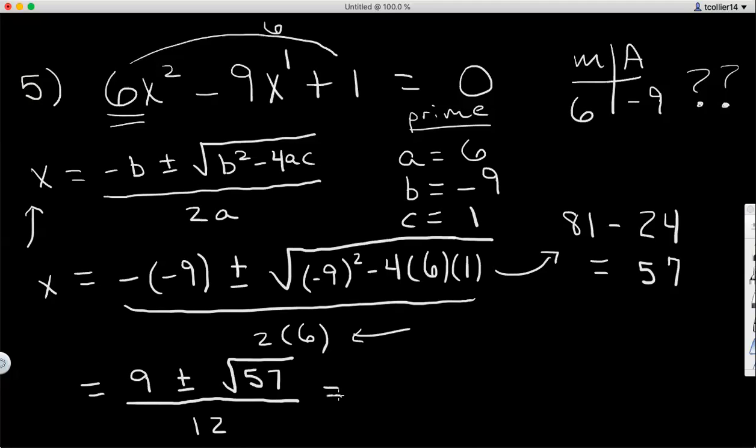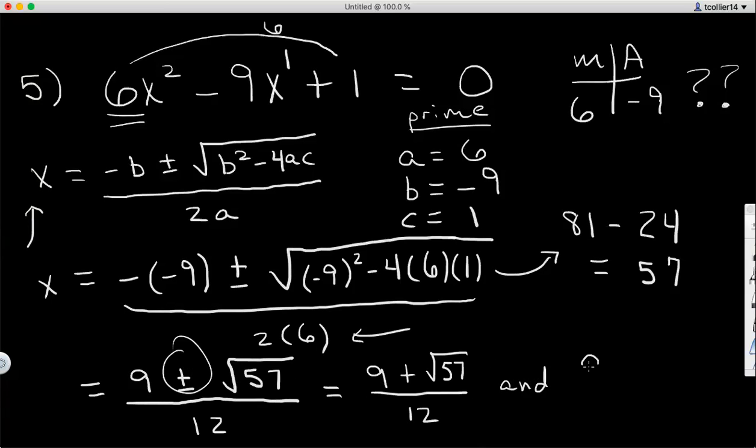And what I can do with that is I can kind of break it up. I can break this up into a plus and a minus. So I'm going to have 9 plus the square root of 57, with everything divided by 12. And I can have the negative, right? Because this is a plus or minus.